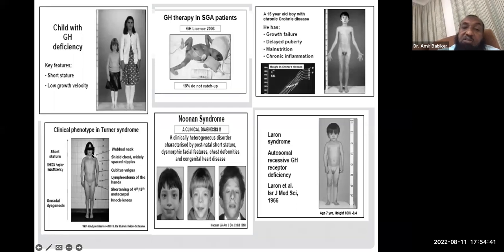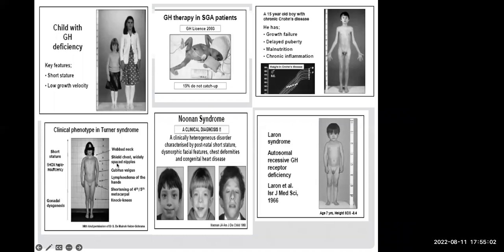and then you have low hairline, and you have the features of increased carrying angle. You will have, what do you have in the heart? What do Turner patients have in the heart and Noonan have? Noonan syndrome patients have what? And Turner patients have what? They are answering coarctation. Coarctation.